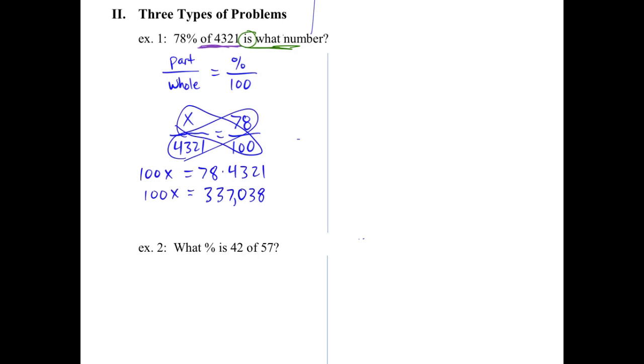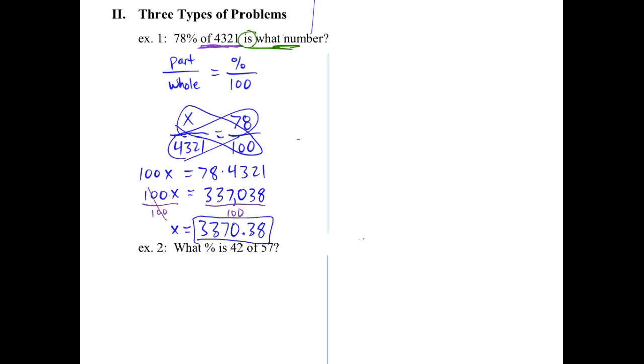So now to get x by itself, we would divide by 100. And when we do that, it works out kind of nice because you just move the decimal point two places. So 3,370.38. So 78% of 4,321 is 3,370.38.